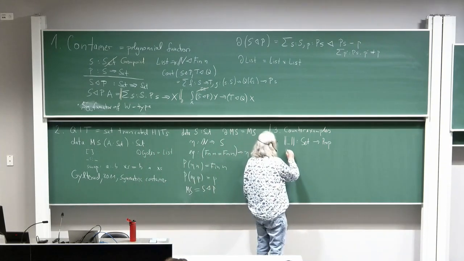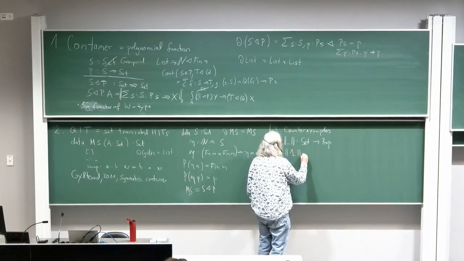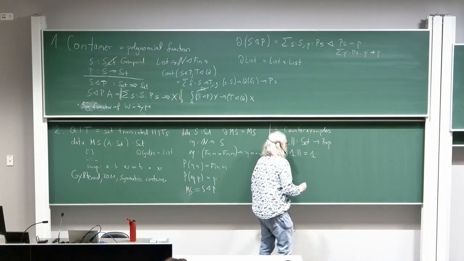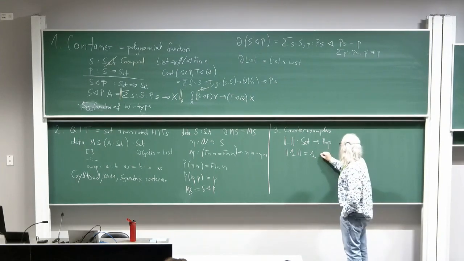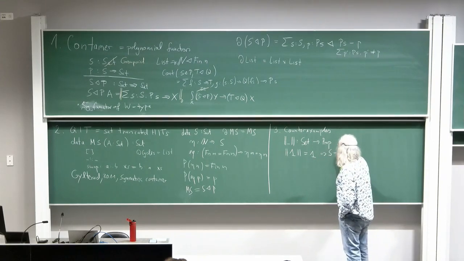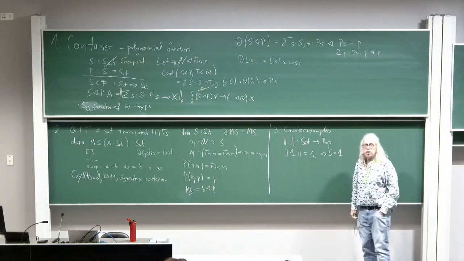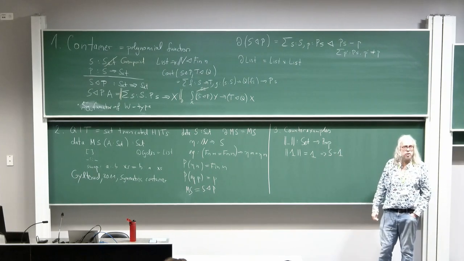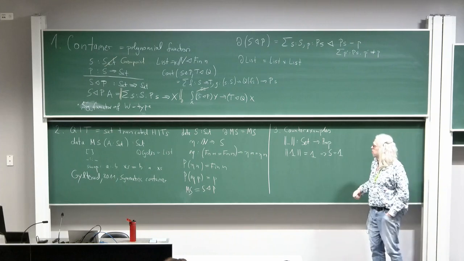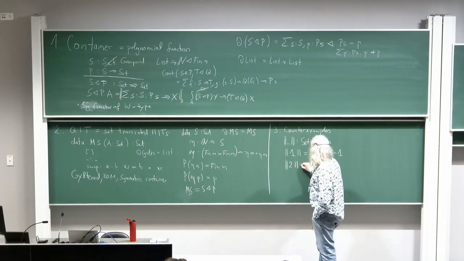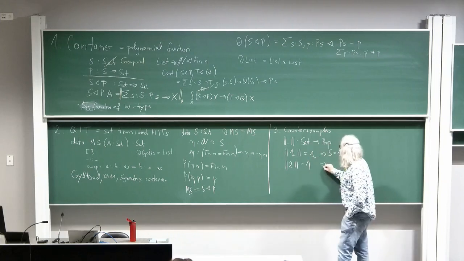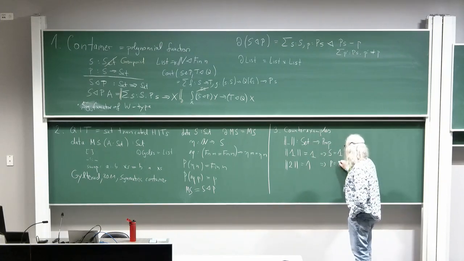So we know that for 1, the truncation is 1. And that entails that the shapes of any such container must be 1, meaning it's just a representable functor. But if it's a representable functor, we know that 2 is also 1, and that implies that P must be 0, right?